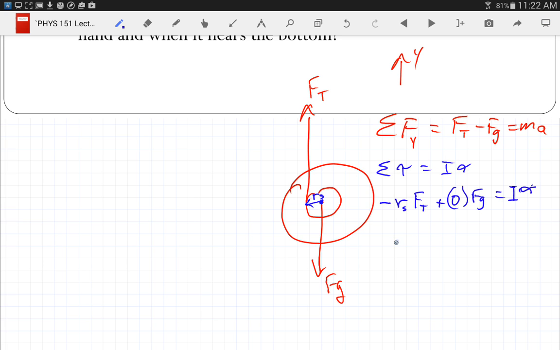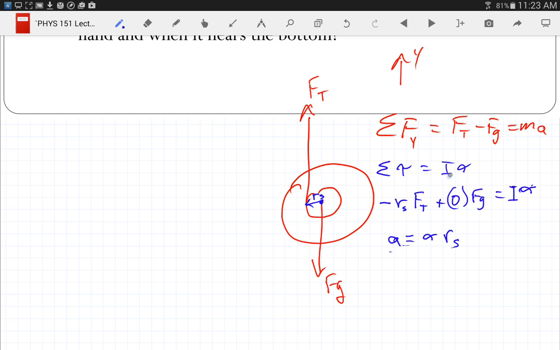And that allows us to make a relationship that the linear acceleration is equal to the tangential, if you prefer, but I'm not going to put that there. The linear acceleration is equal to the angular acceleration multiplied by the radius of the string, because that's where the string is unwrapping. And so that gives us our third equation.